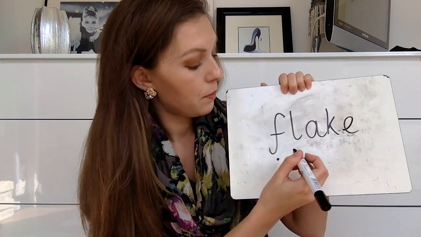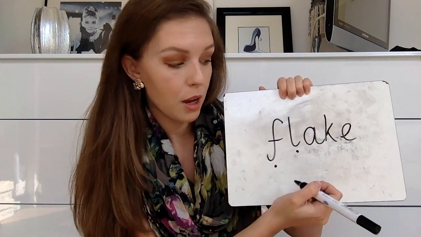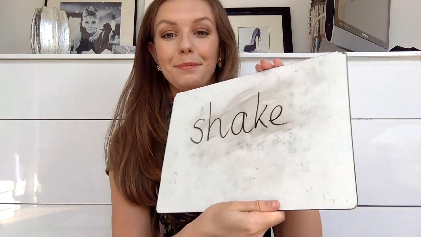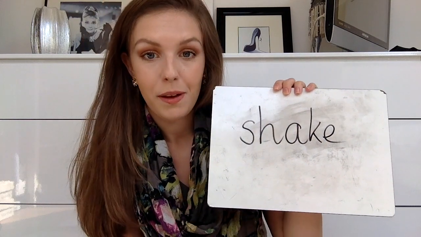Okay, let's sound out all together. I'm going to put in my sound buttons. Oh, a flake. Fantastic. And we'll do one more. Are you ready? So have a go at finding the sounds and blending them together.